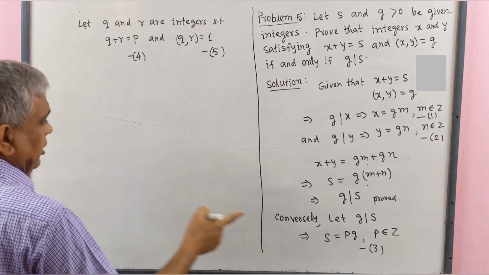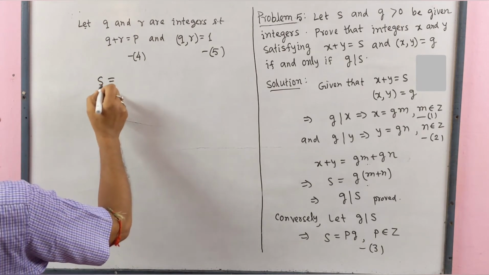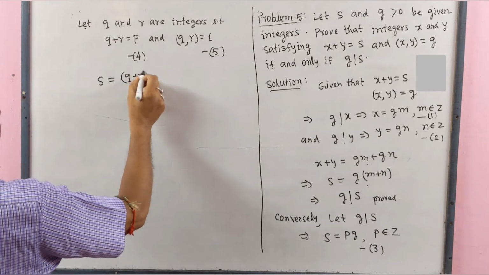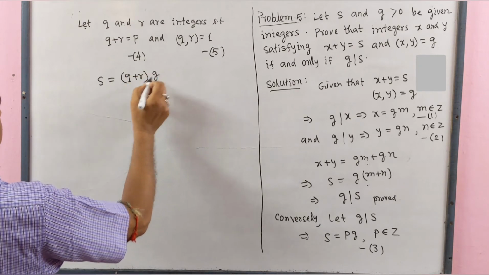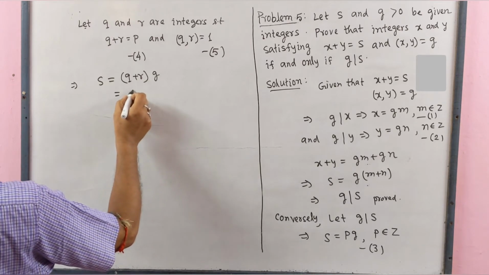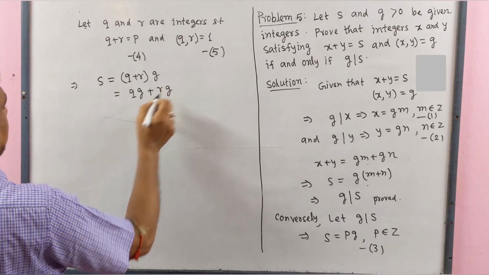Using 4 in theory, s equal to q plus r multiply g. This equal to qg plus rg.